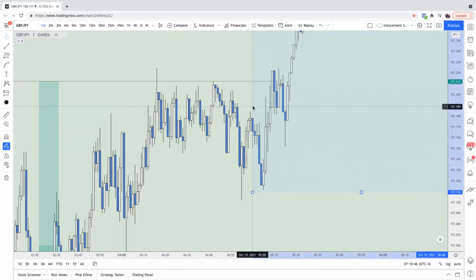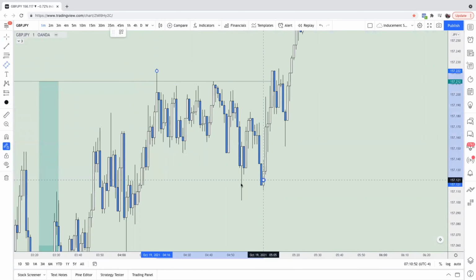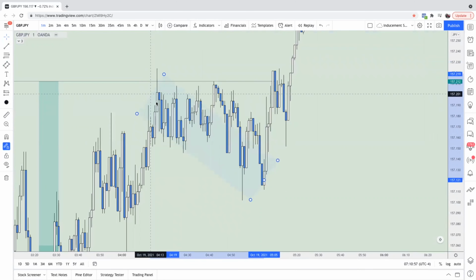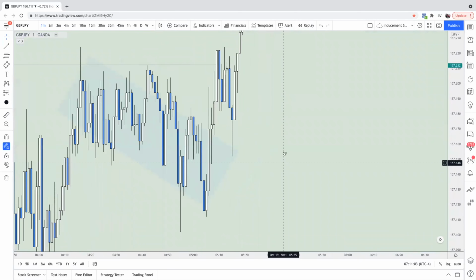Let me just erase this. Some form of regression here. Priced in post this regression.